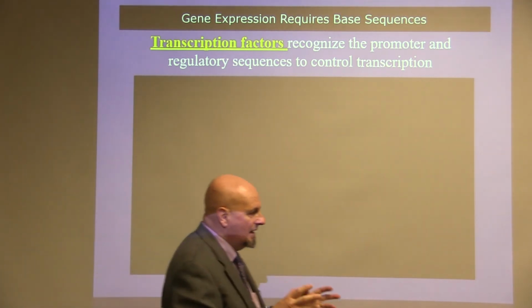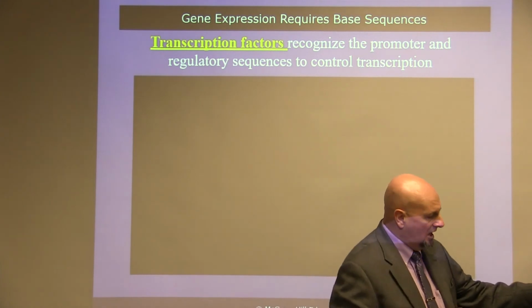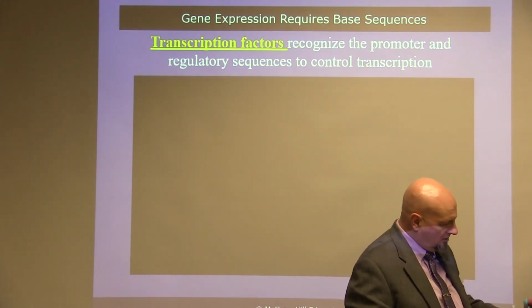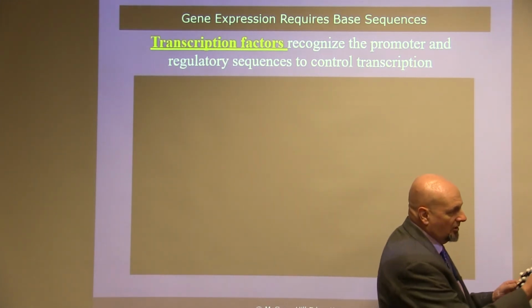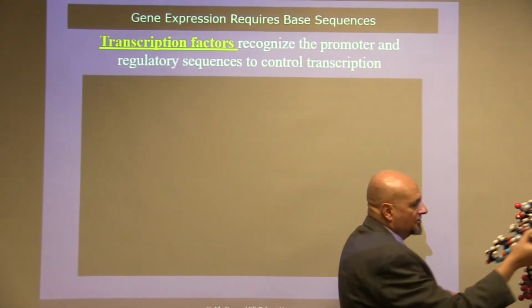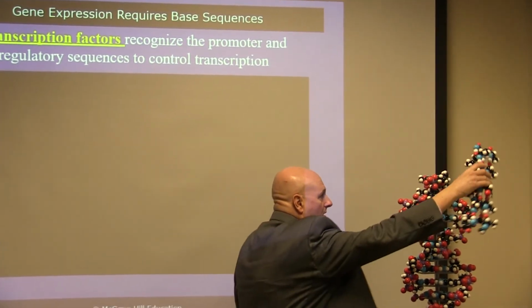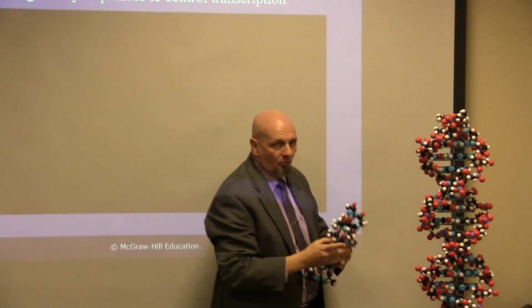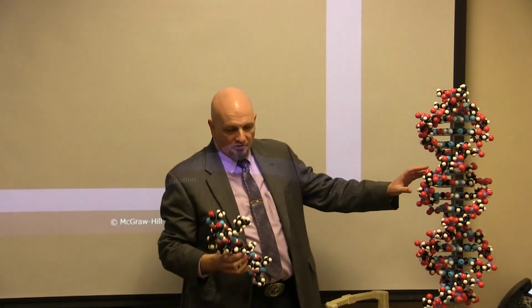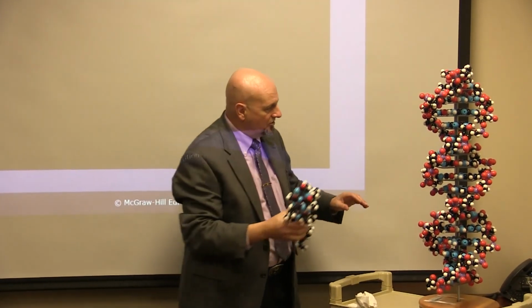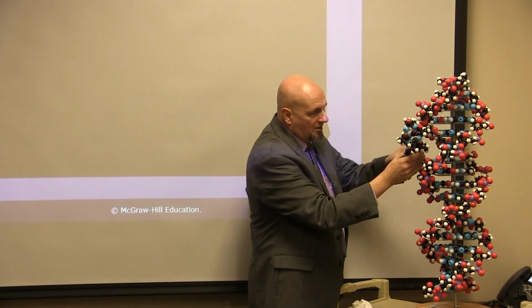There are factors that bind to the DNA. And if you remember, I told you that these proteins will bind to this, and when they bind to it, it's almost like it's traveling along here on its own. And what's going on here is that this is going to be the alpha helix that wraps around here.